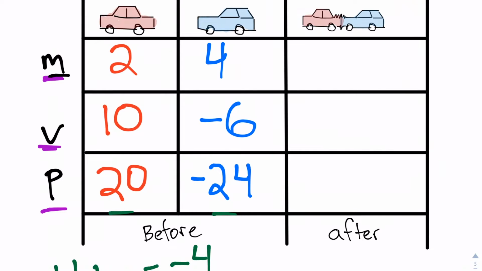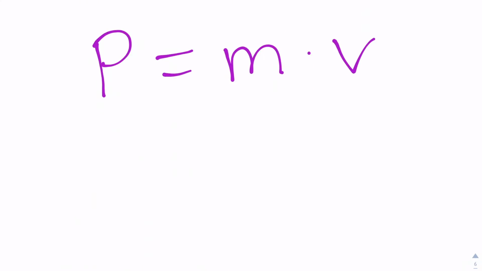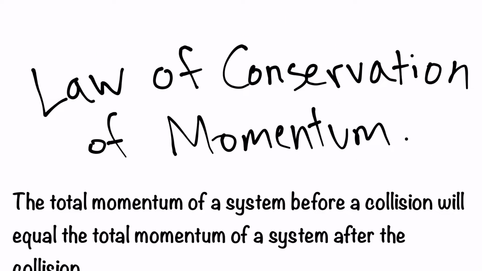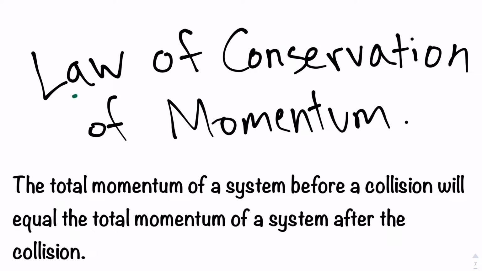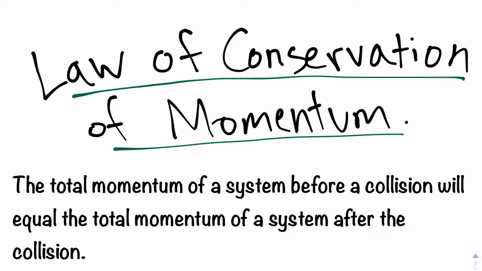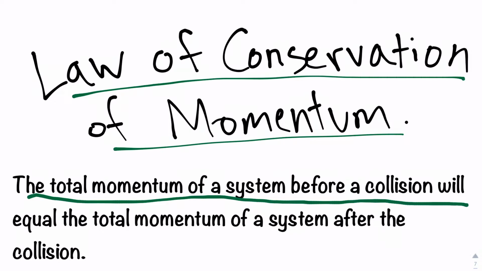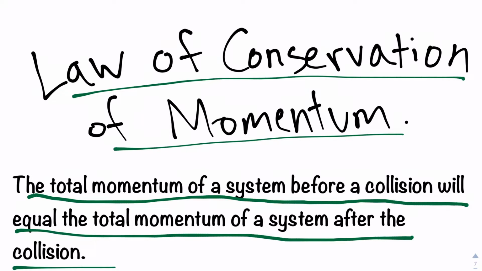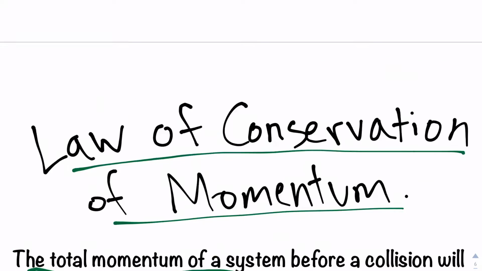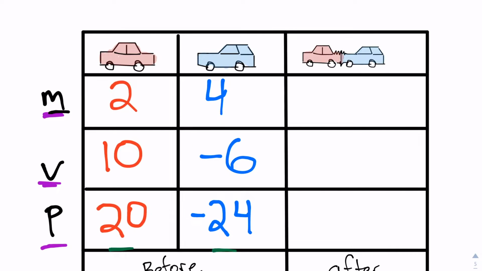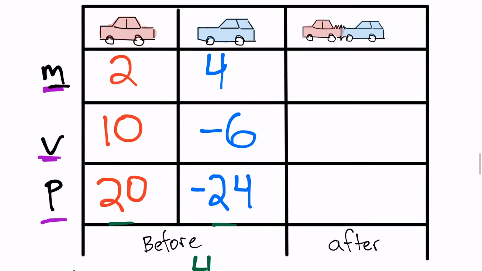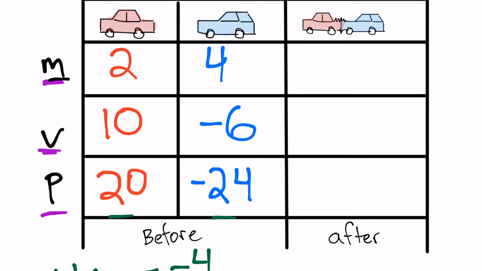Well, this is the easiest step because the law of conservation of momentum states that the total momentum of a system before a collision will equal the total momentum of a system after the collision.